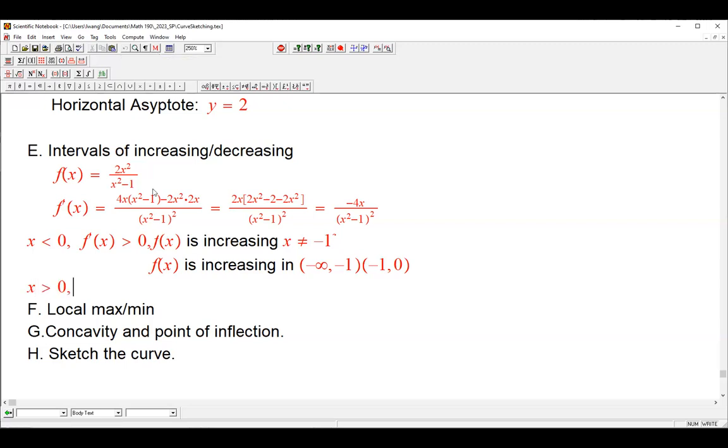For decreasing, when x is positive, the derivative is going to be negative, right? Positive times negative 4 is negative. So in this case, f is decreasing.